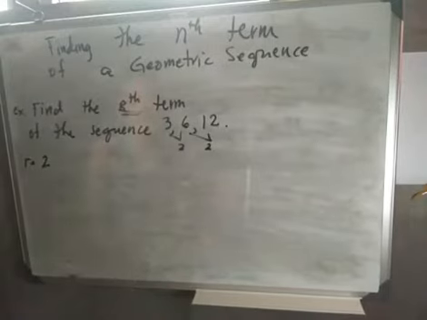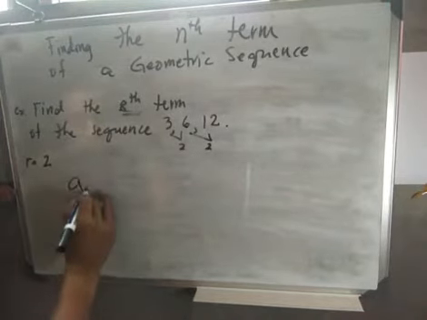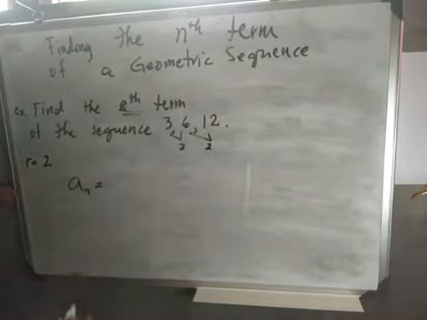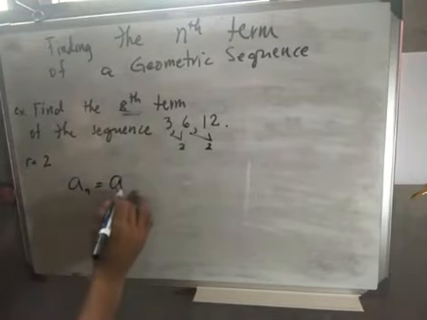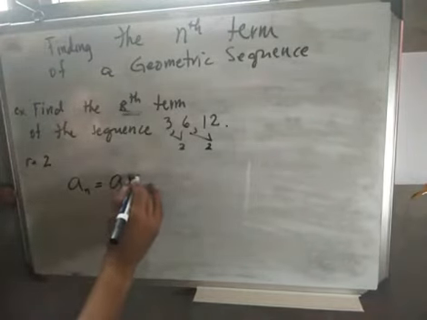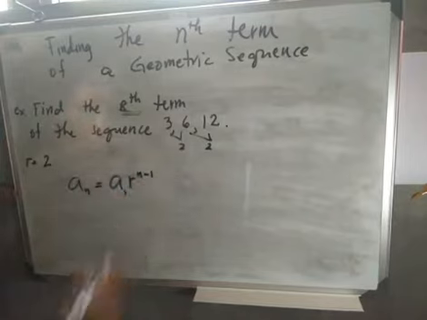Dahil kung halimbawang meron tayong formula, so there is a formula in finding the nth term of a geometric sequence. That is a sub n equals a sub 1 times r raised to n minus 1.